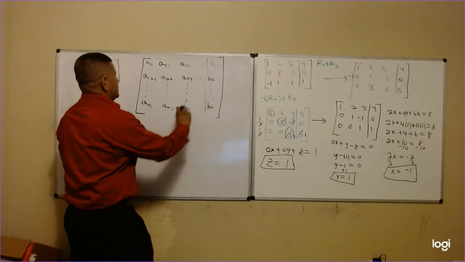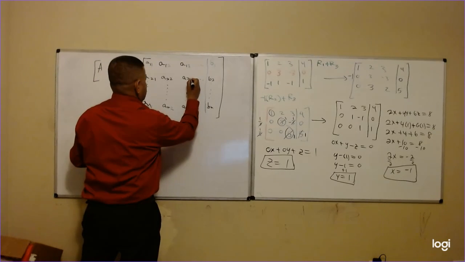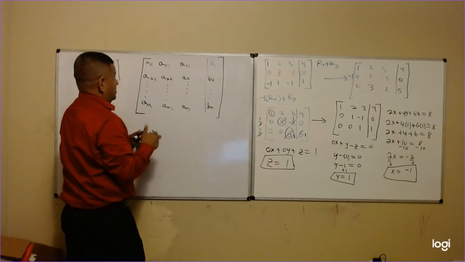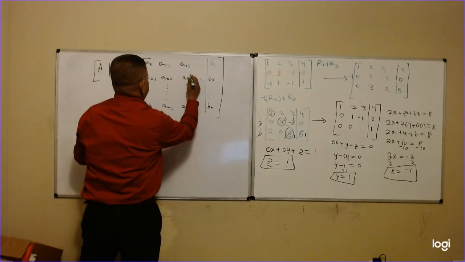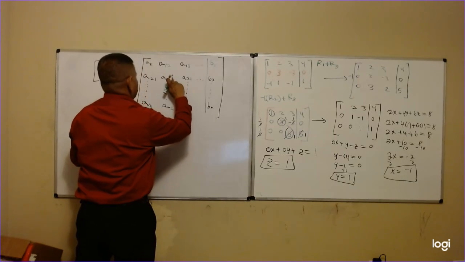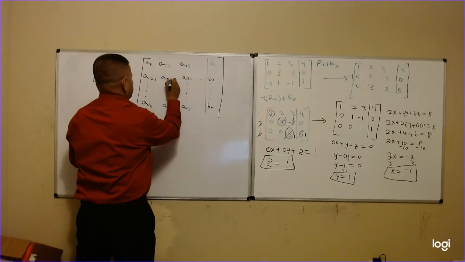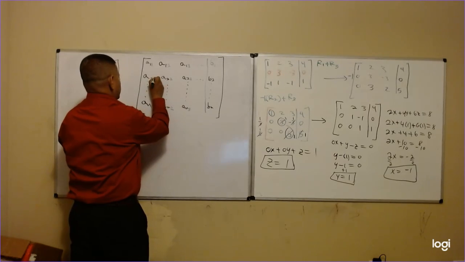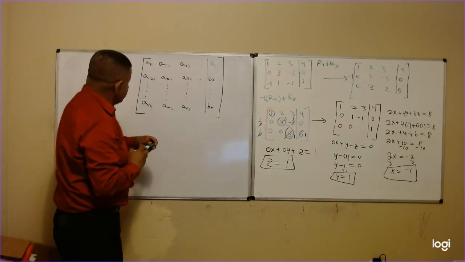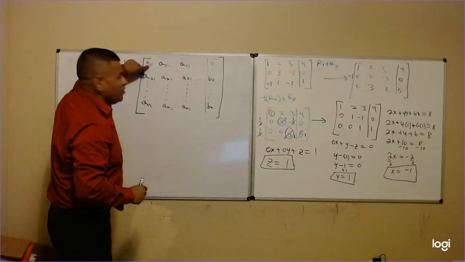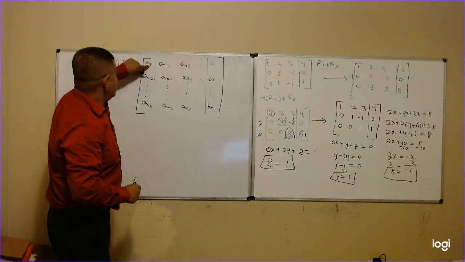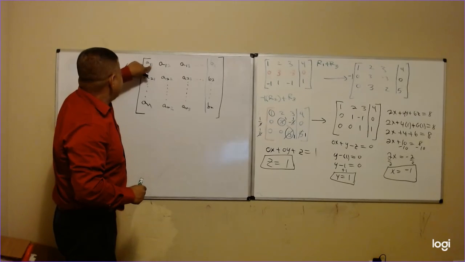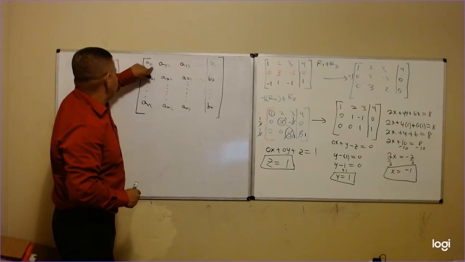So in this case, let me just make that in green. That will be a 3. This will be a 2. And this will be a 1. Right? So just to make it clear, the black numbers are the rows, the green numbers are the column.